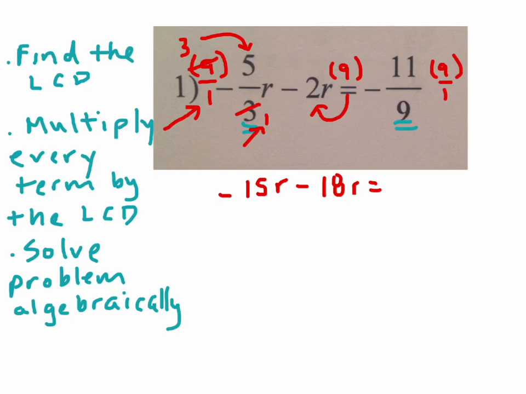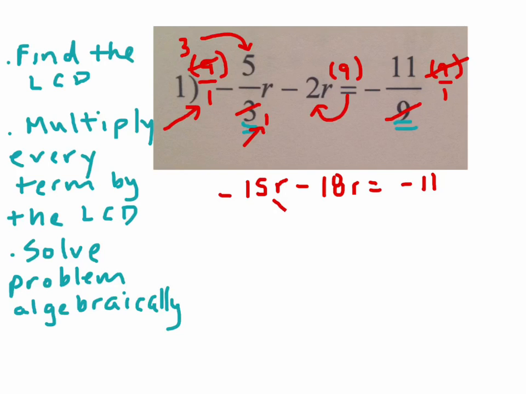is equal to, and over here on the right side, this 9 and this 9 cross cancel, and this is simply a minus 11. And at this point now we can solve the problem.